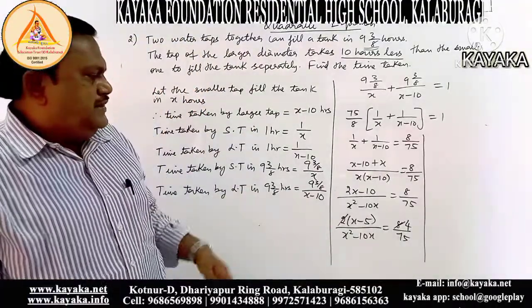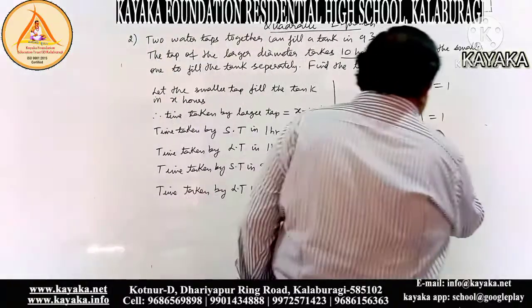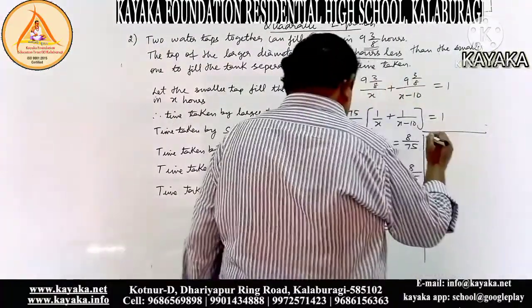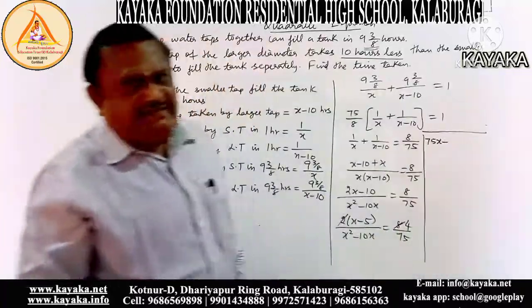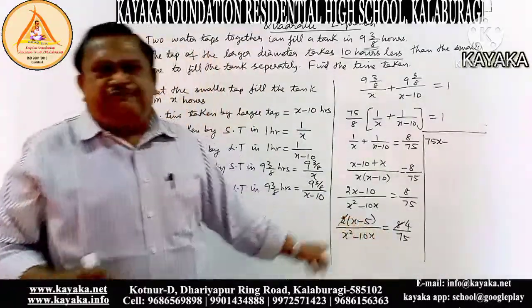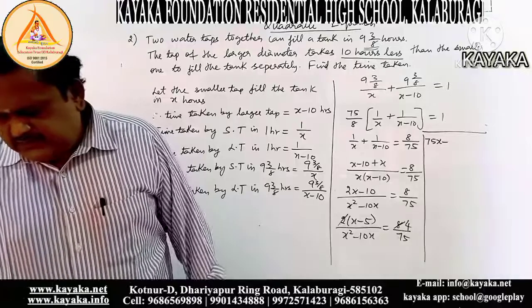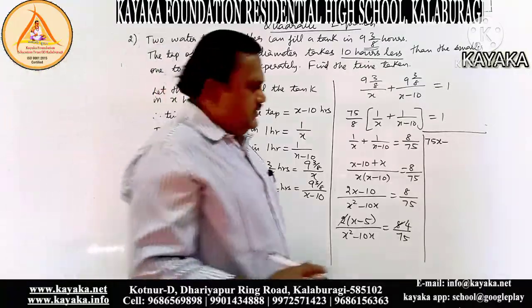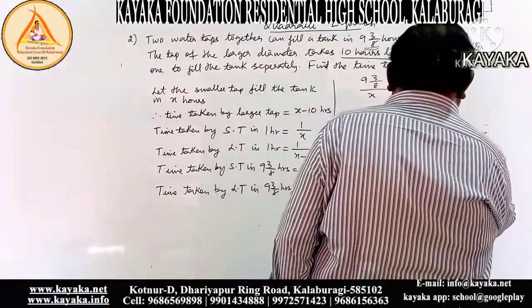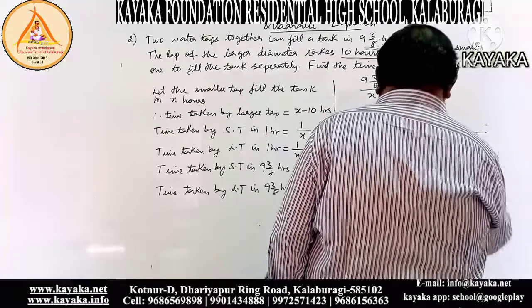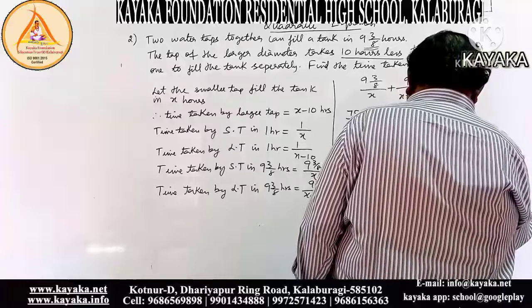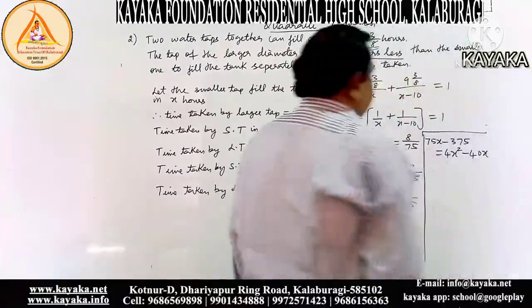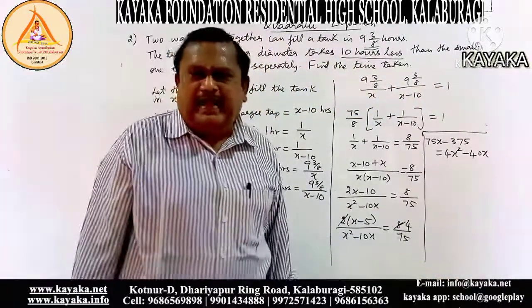Now you can cross multiply. I'll write it here: 75x minus 75 into 5, you will get 375, minus 375 will be equal to 4x square minus 40x.